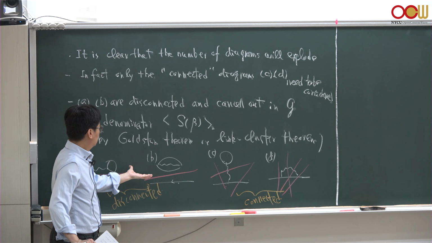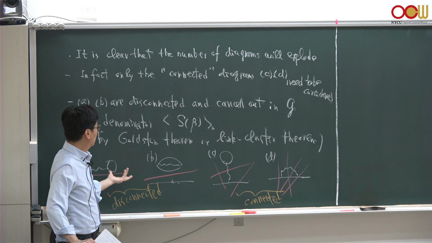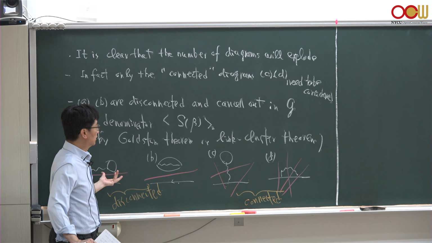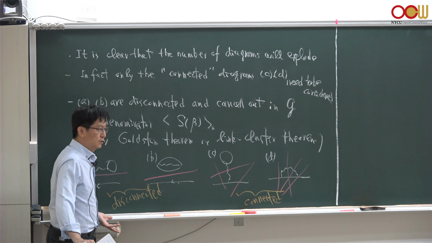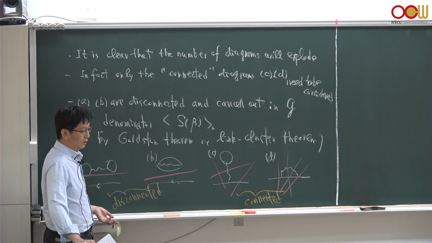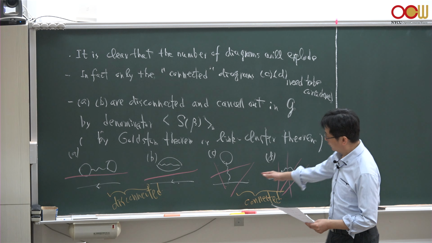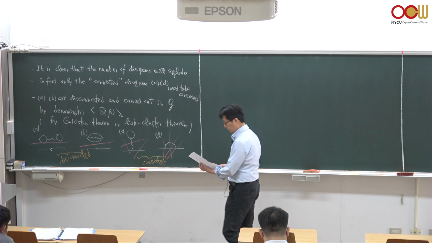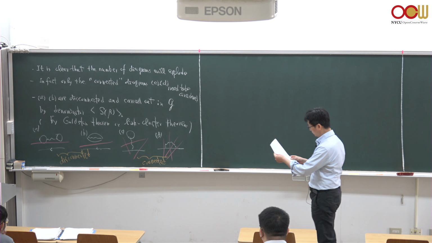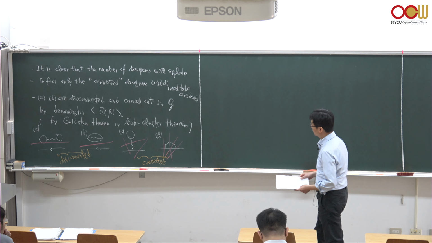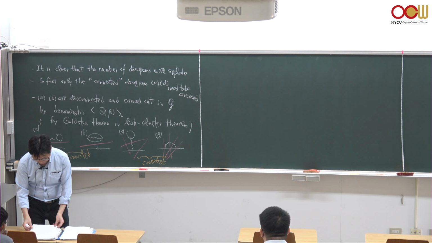The diagrams in the numerator are exactly the same as the diagrams hidden in the denominator in this S of beta, so these two contributions exactly cancel. The net contribution involves only the connected diagrams. This is called the linked cluster theorem, which we don't have time to prove, but I will mention it in more detail later. This is what saves the Feynman diagrams and Feynman rules.